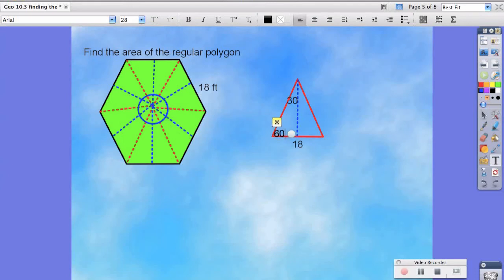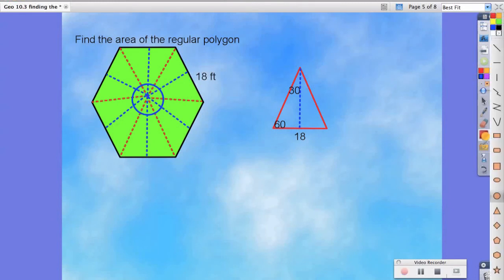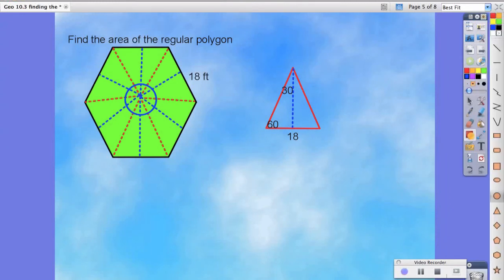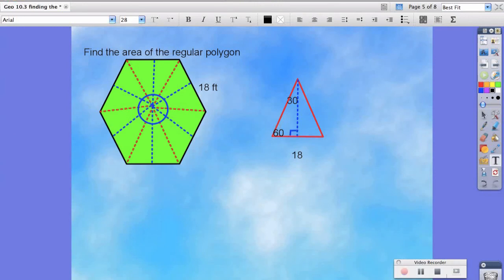This is a 60-degree angle because remember the blue dashed line creates a perpendicular angle. Now, if this whole length is 18, then this side right here must be just 9 because it's half of the whole triangle.